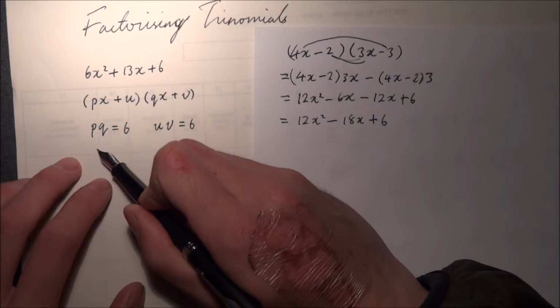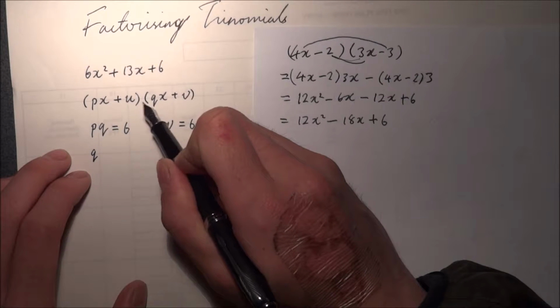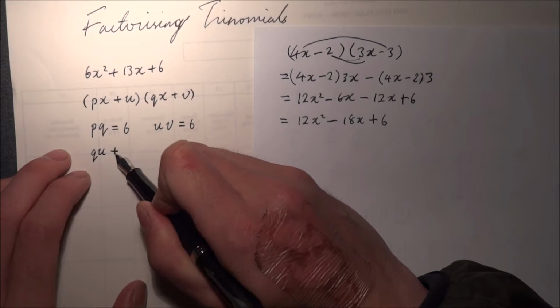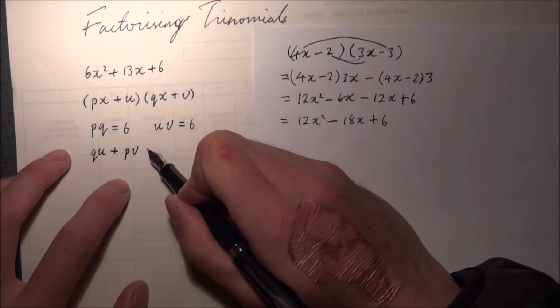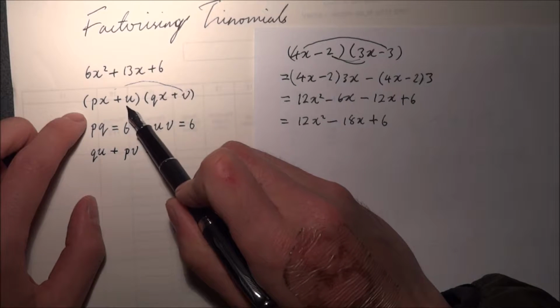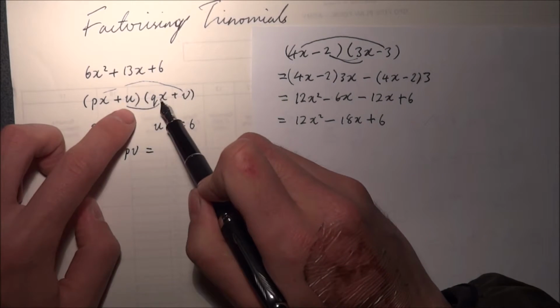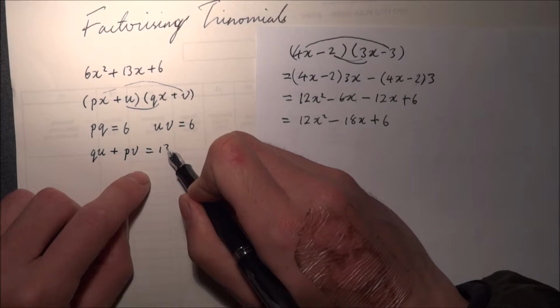So qu plus pv has to equal the middle term. So pv and qu, this and this, they add up to the middle term.